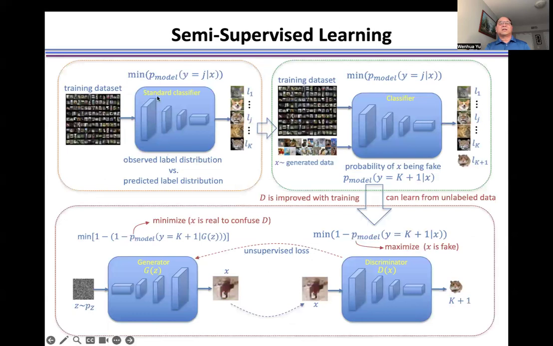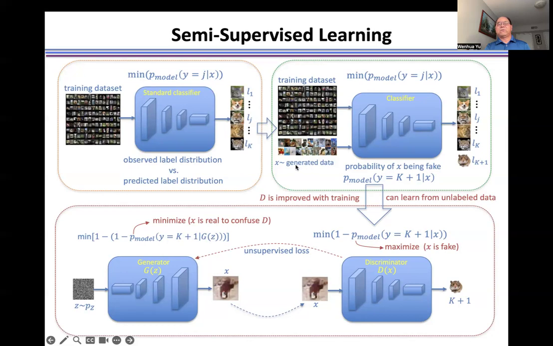Given a standard classifier, we use supervised learning to train this classifier to predict the classes of the input data. And then we add samples generated by the generator into the training dataset and add one more class to the class list.